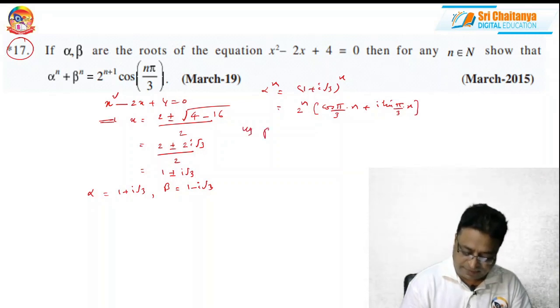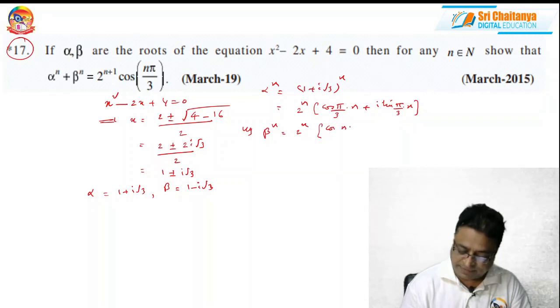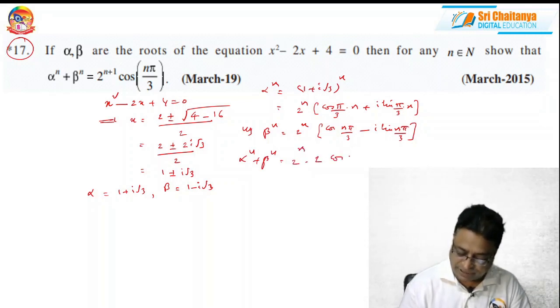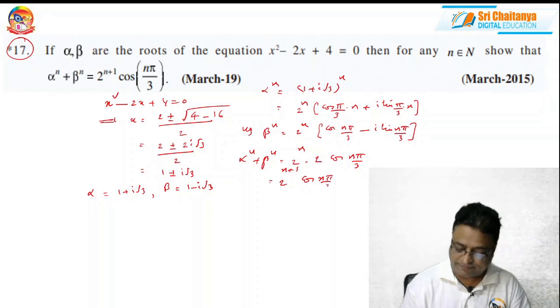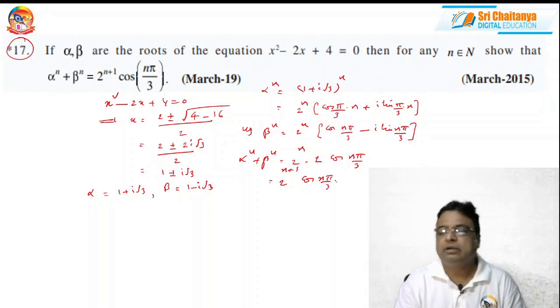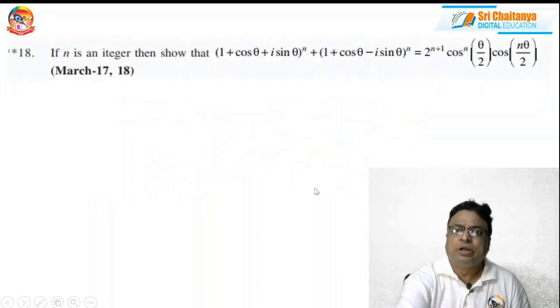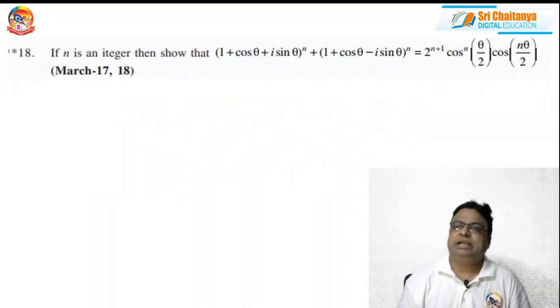Similarly, beta power n is equal to 2 power n (cos n pi by 3 minus i sin n pi by 3). Now by adding, alpha power n plus beta power n is equal to 2 power n into 2 cos n pi by 3, nothing but 2 power n plus 1 cos of n pi by 3. Simple question. Okay.